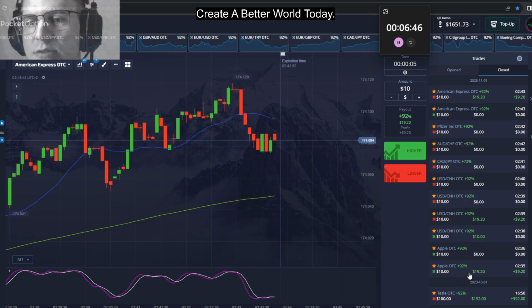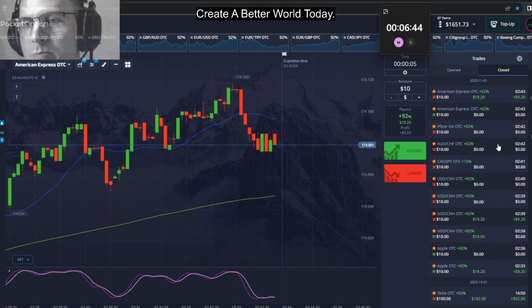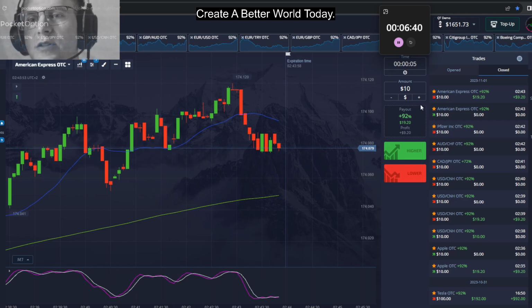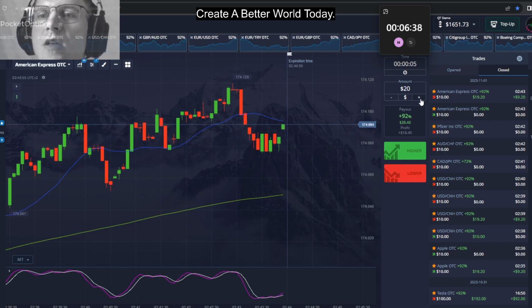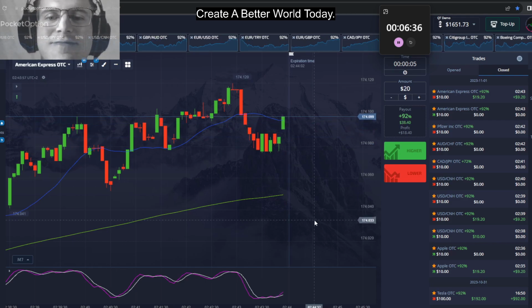Well, there's a few trades we tried it on, the $10 trades here. It's about 12 trades, so it hasn't been working so far, which is kind of funny.